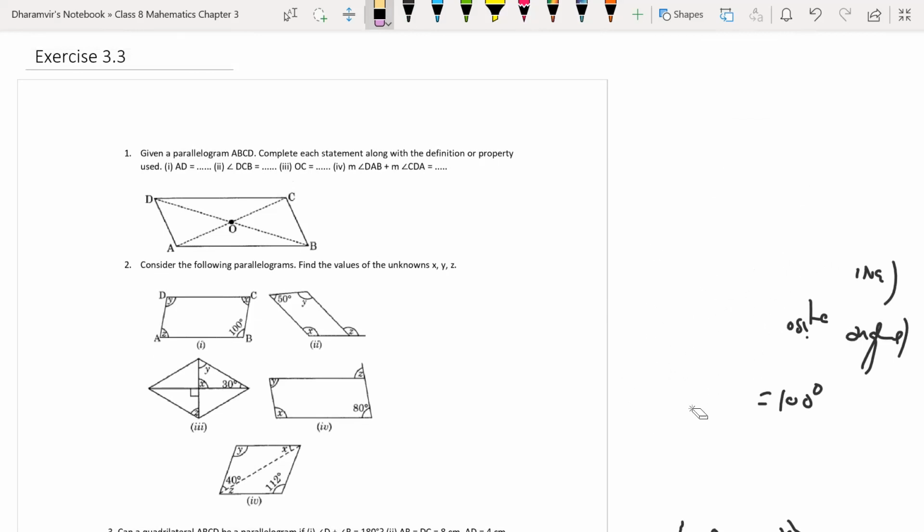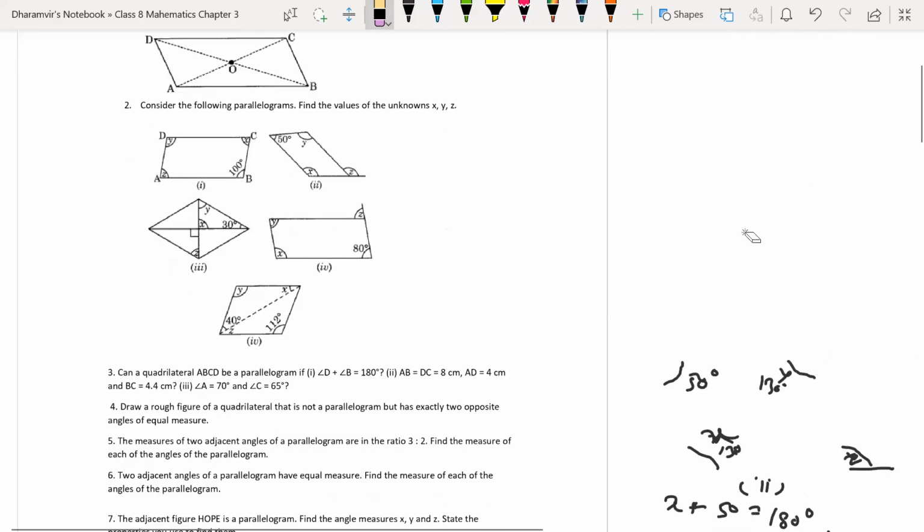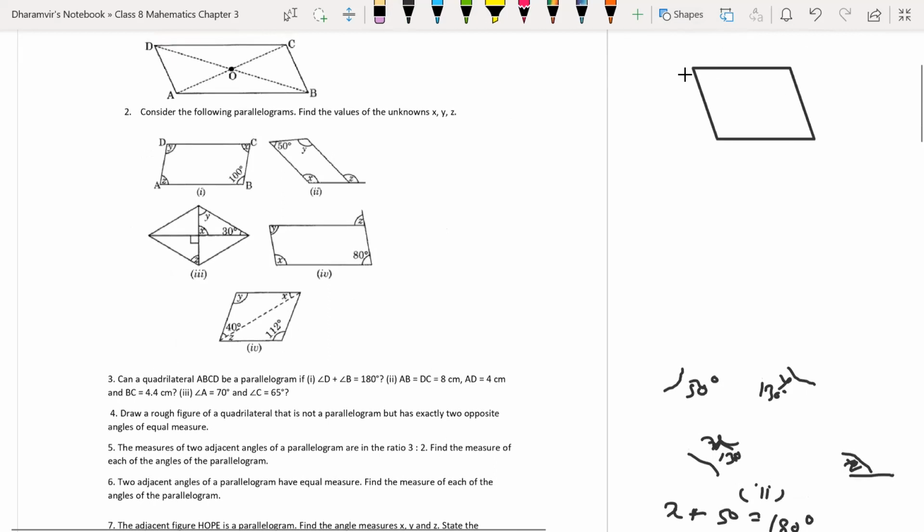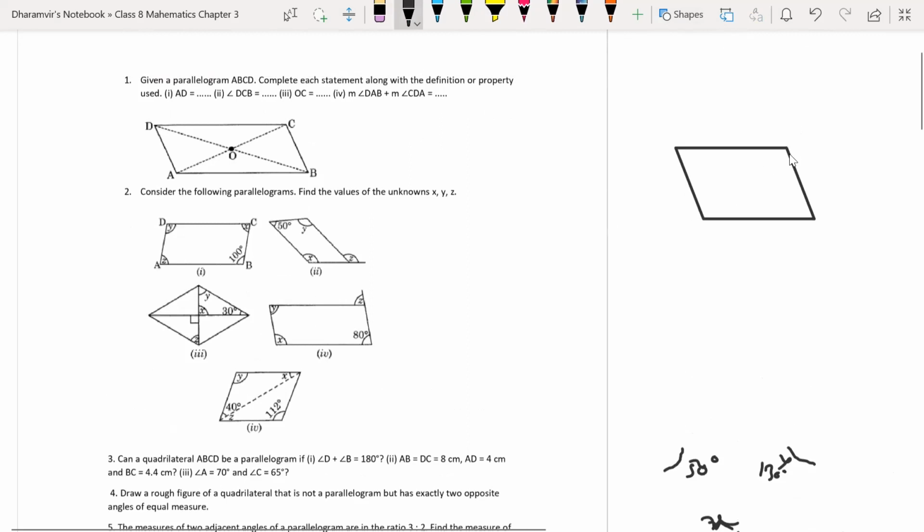Now, the last figure of this part, the second question's last part. This is the diagonal.